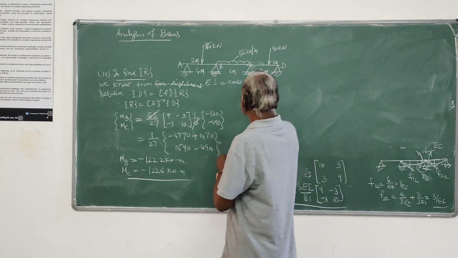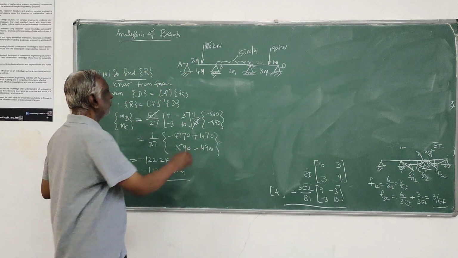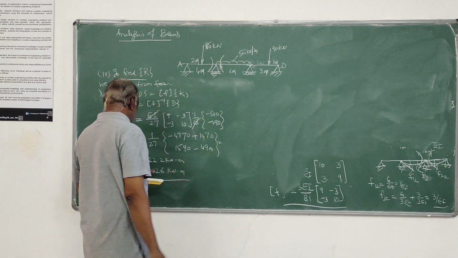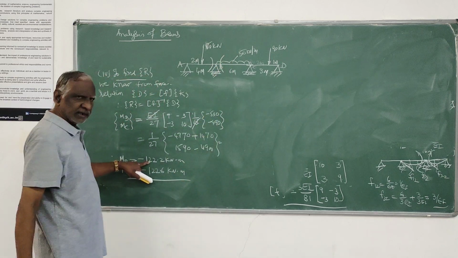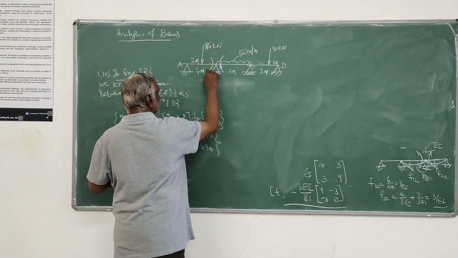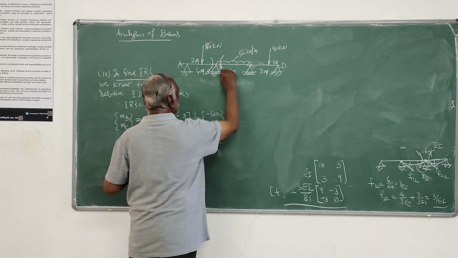So now this is the given beam. I have found out the support moments. Here it is minus. Earlier I took the clockwise direction, now I have to reverse this, this also I have to reverse.